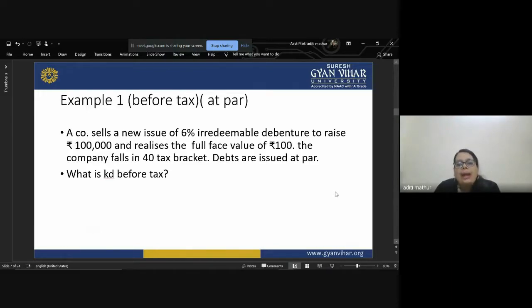Debts are issued at par. What is KD before tax? So what is the formula? To calculate KD, it is I divided by principal into 100. Why P? Because it is the case of par. It is already clearly mentioned in the question.